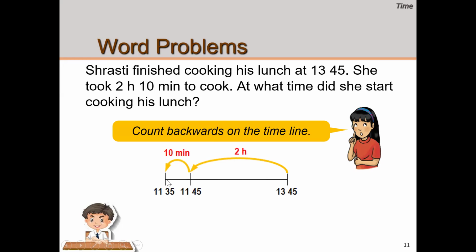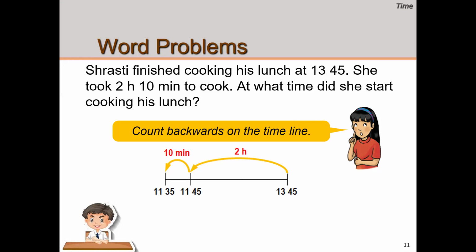She finished at 1345 hours. Now she took 2 hours 10 minutes to cook. Now we have to find at which time she started cooking. We know that she finished her cooking at 1345 hours.